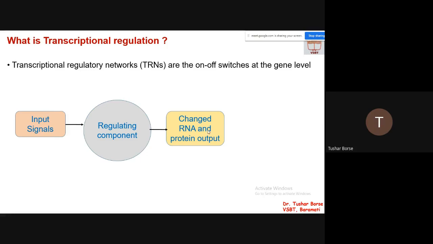Fine. So here it could be either overexpression or suppression. I'm not talking about any one of these. A signal can either activate or suppress a particular gene. So the signal is activating a regulating component, and in this case we are talking about suppression. This regulating component is going to change the RNA or the protein output. And if there is a change in the RNA or protein output, what is the endpoint? You get changed cell behavior and different types of structures which can be generated.